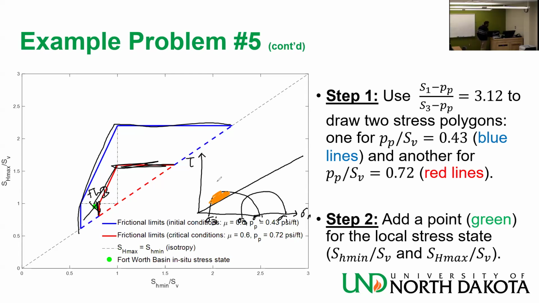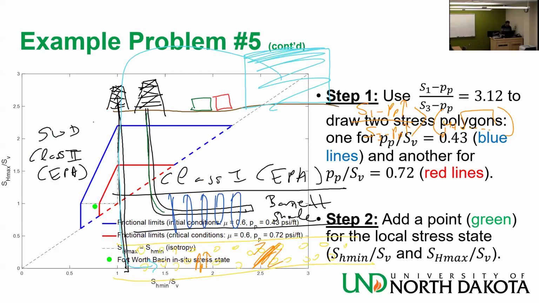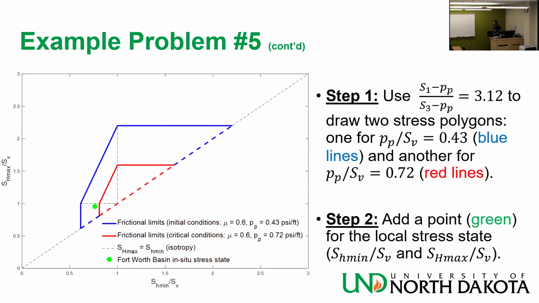Now, if I had drawn the circle, imagine I have 2 polygons. The green dot is inside the big one, but outside of the small one.